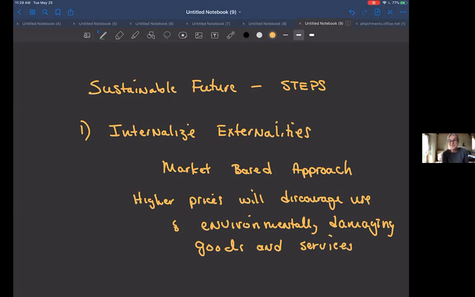So, say, for example, fossil fuels. The cost of your gasoline, I know this is very controversial, does not take into consideration all of the externalities of using fossil fuels. So perhaps if we made gasoline more expensive, people would choose to drive less.